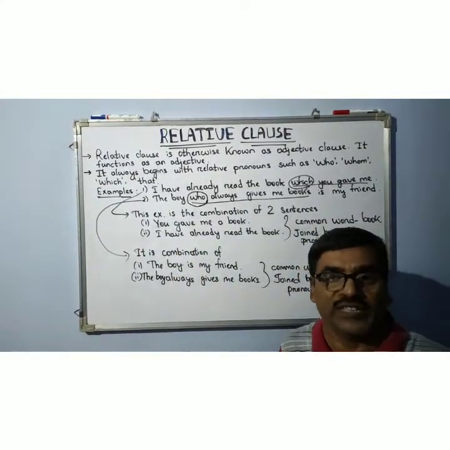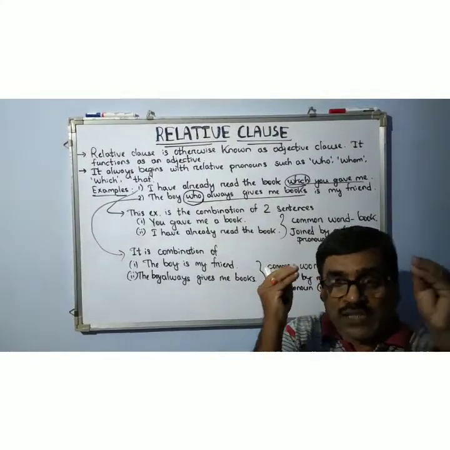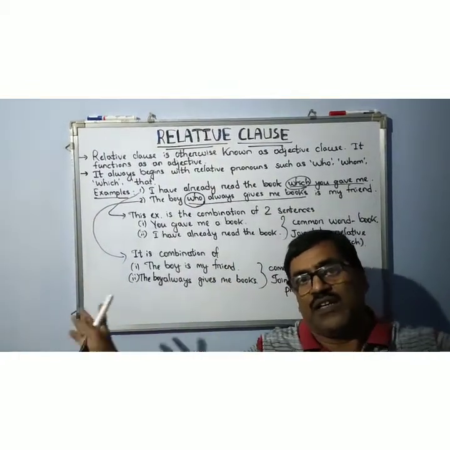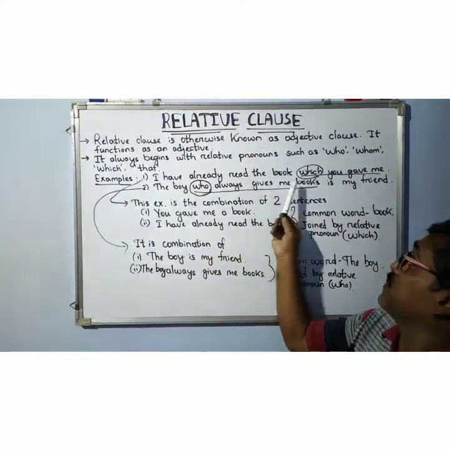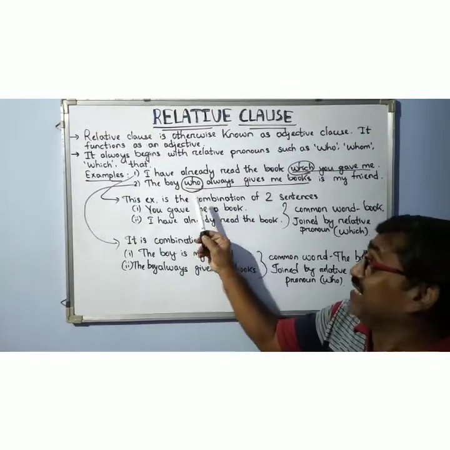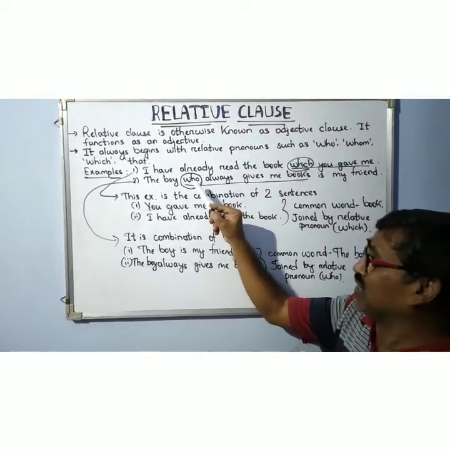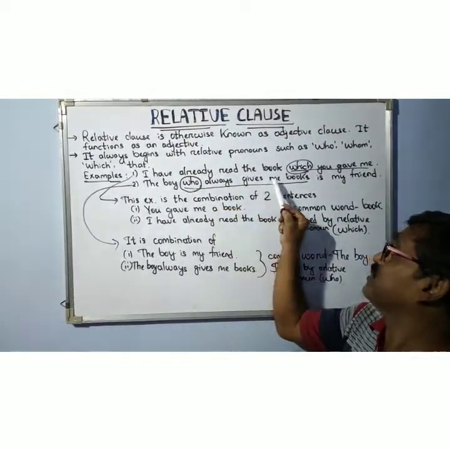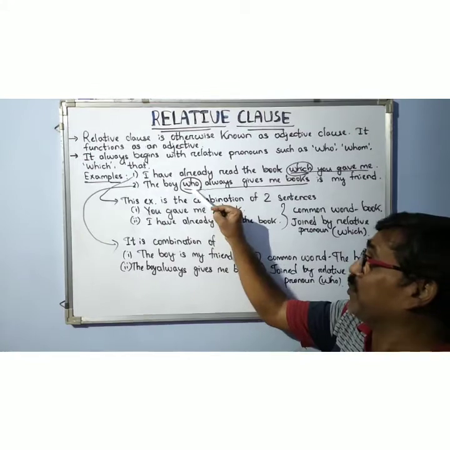So from these two examples, you will be very clear how the relative pronoun combines the two sentences and it is the relative clause. Here the underlined part, who always gives me the book, is the relative clause as it is introduced by the relative pronoun who.